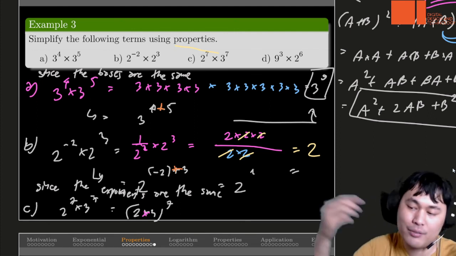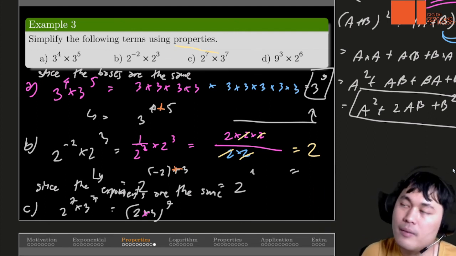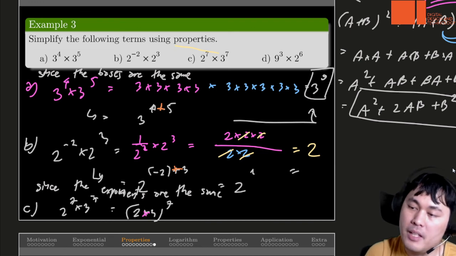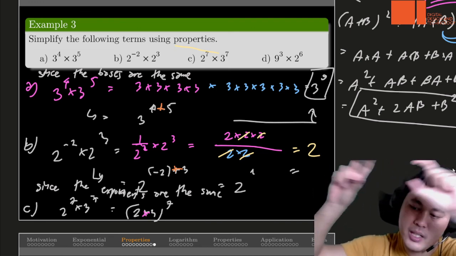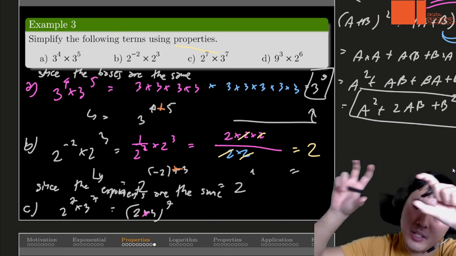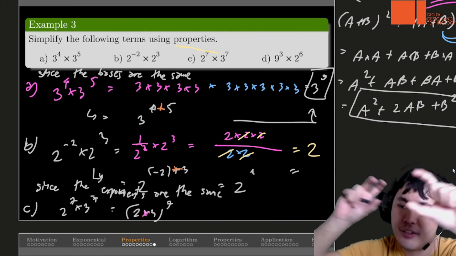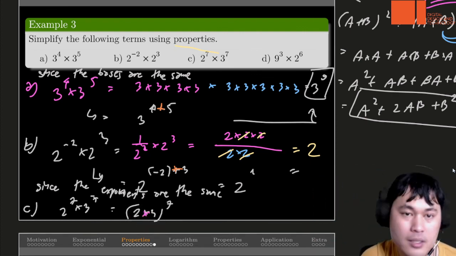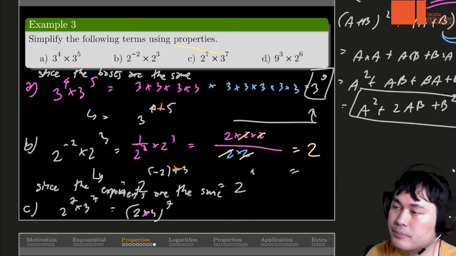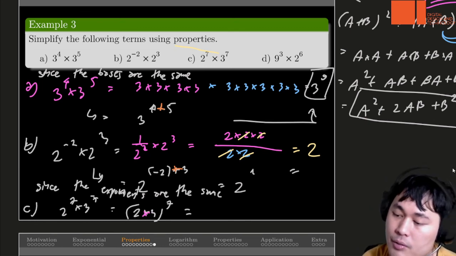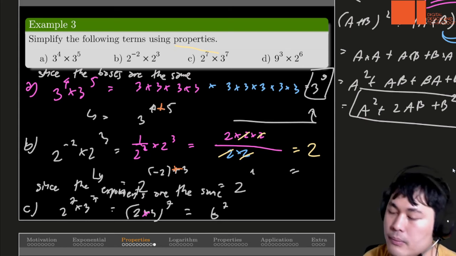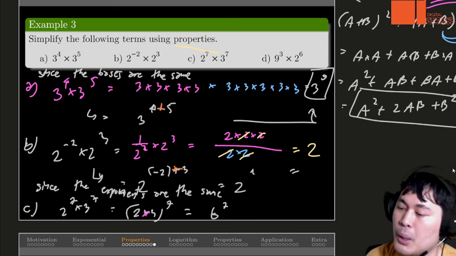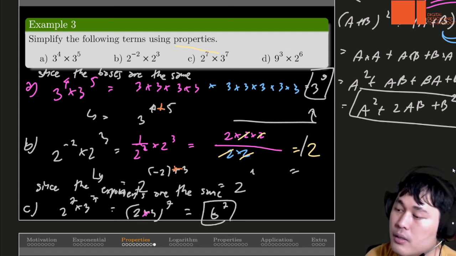Because again, you have to think about what it means for the exponent to be a sum of two numbers, what it means for the base to be a product of two numbers. And that gives you 6 to the 7.